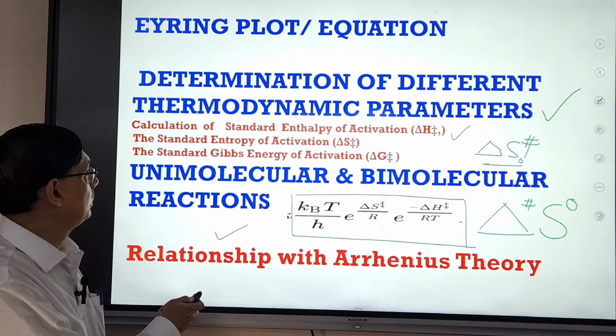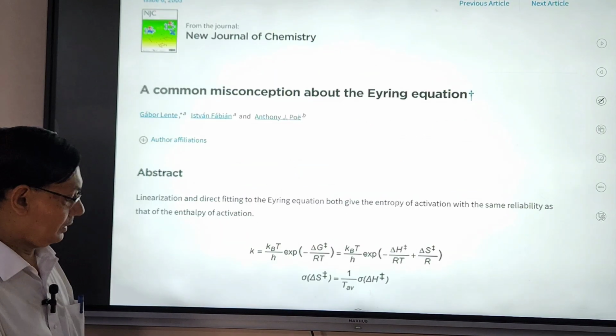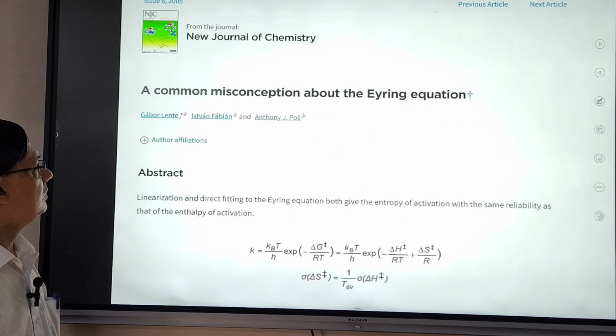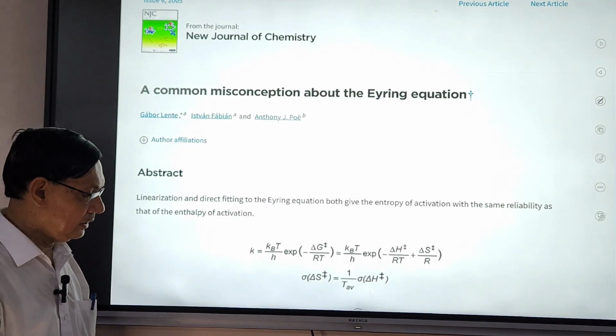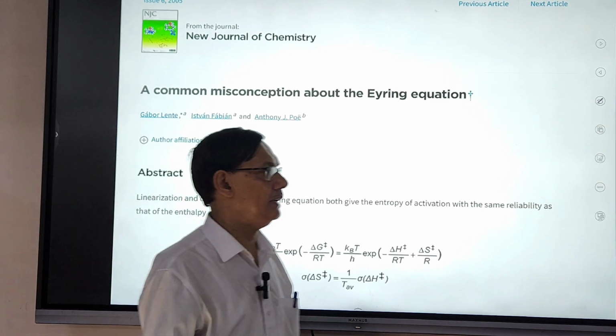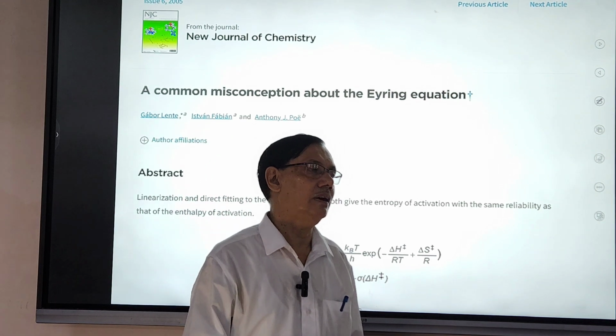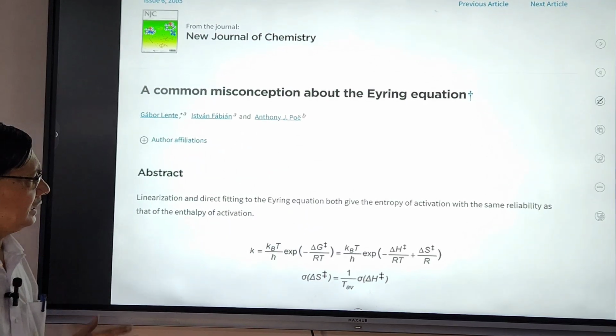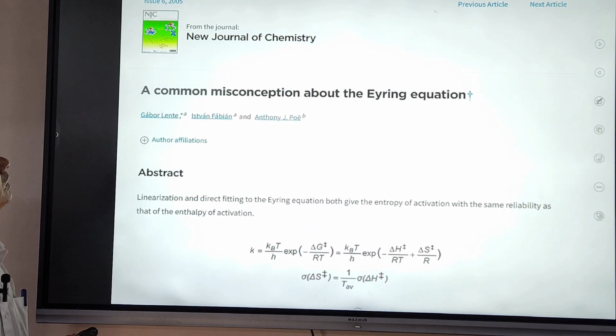Now first I will discuss the Eyring plot. You are definitely referring to many good books like Levine, Atkins, Glasstone or Laidler, but in addition there are some good research papers also.